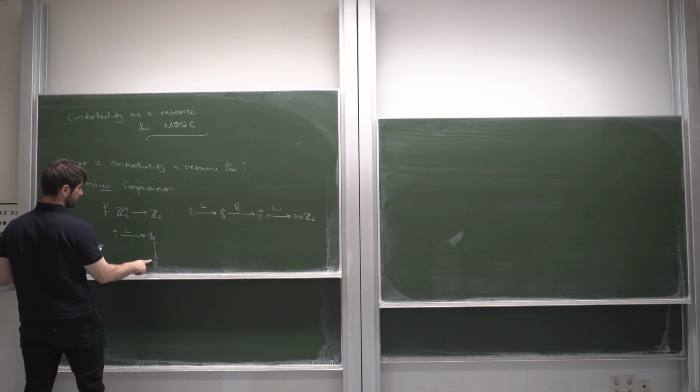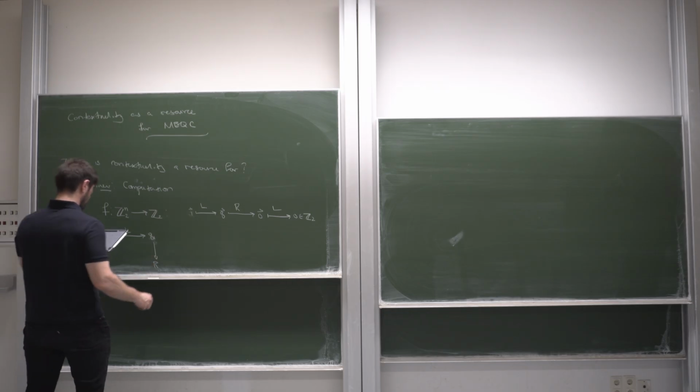So Alice measures her qubit on this quantum resource and gets an outcome, consuming one of the qubits here.